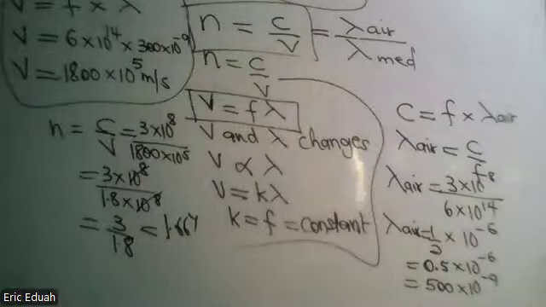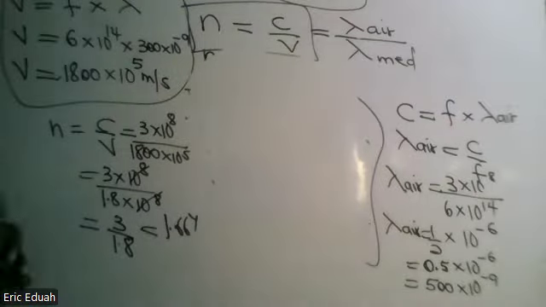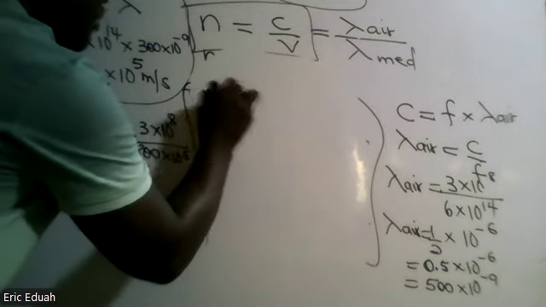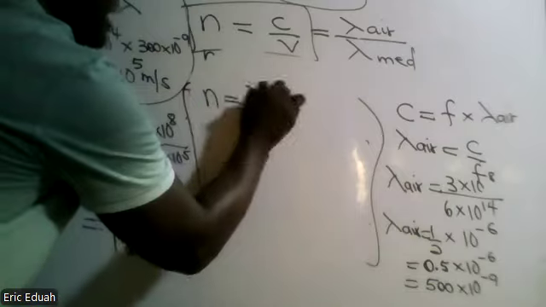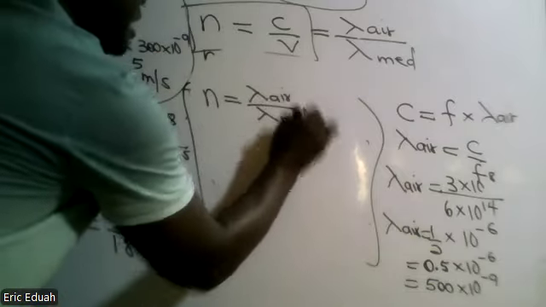Now, if the wavelength of light in air is 500 nanometers, let us bring it here to calculate the refractive index. Therefore, refractive index is equal to lambda in air over lambda in a medium.